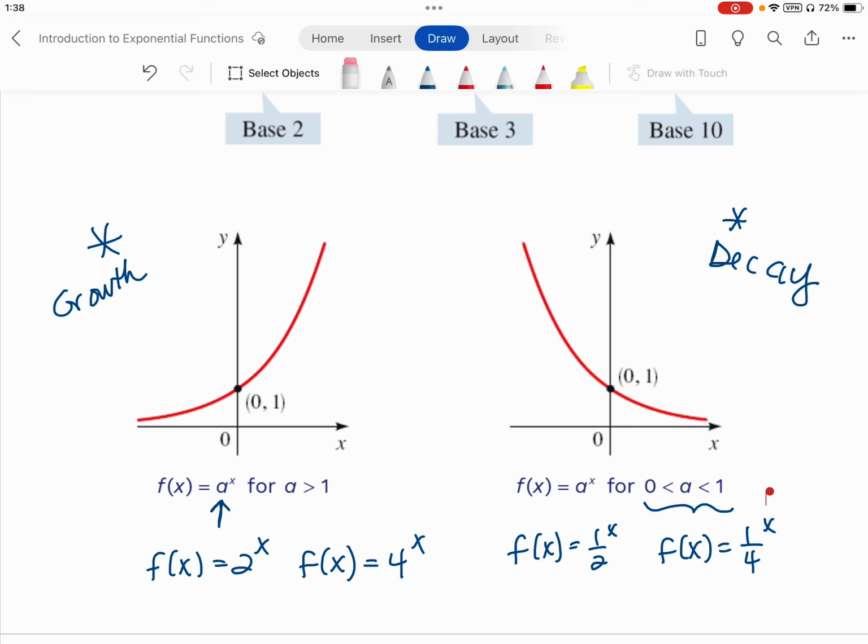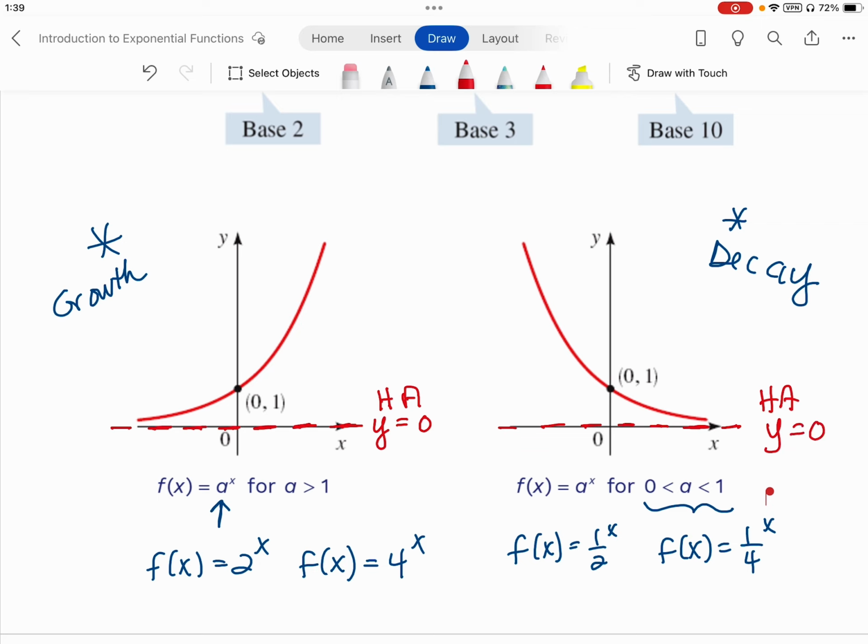Let's talk about domain and range. Each of these exponential functions has a horizontal asymptote. We've talked about horizontal asymptotes before, so this is something you're familiar with, and that would be a horizontal asymptote of y equals 0. Similarly, this one over here would have the same horizontal asymptote of y equals 0.